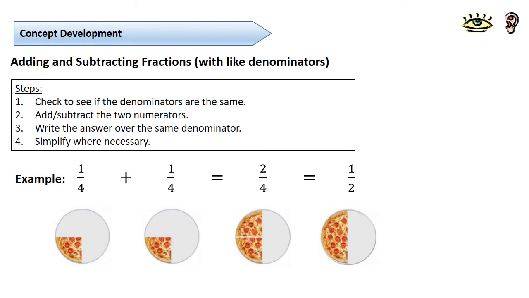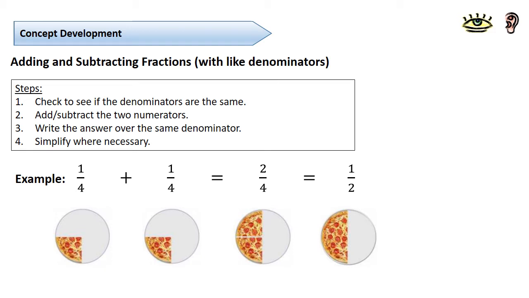Alright, adding and subtracting fractions. Now with adding and subtracting fractions, it's important to make sure that both of the bottom numbers are the same. If they're not the same, you need to simplify. So with this first one, when you're adding and subtracting fractions, it's important to make sure that the denominators are the same.